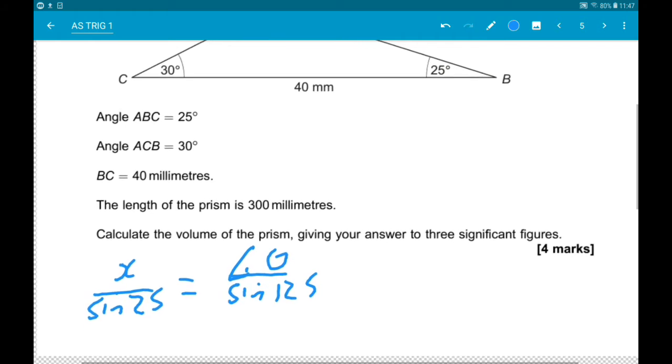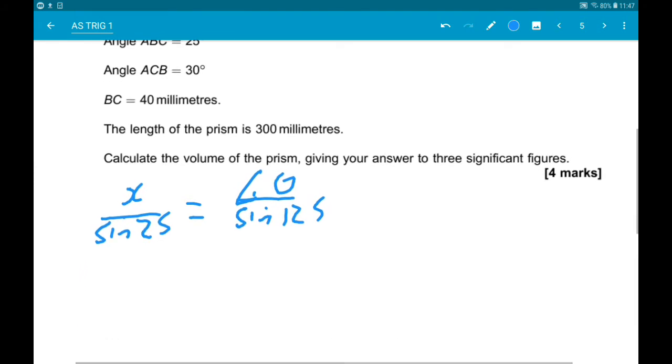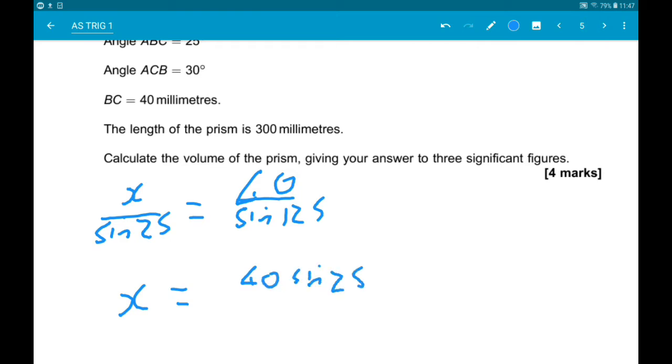So, from that, we can get x is 40 sine 25 over sine 125.